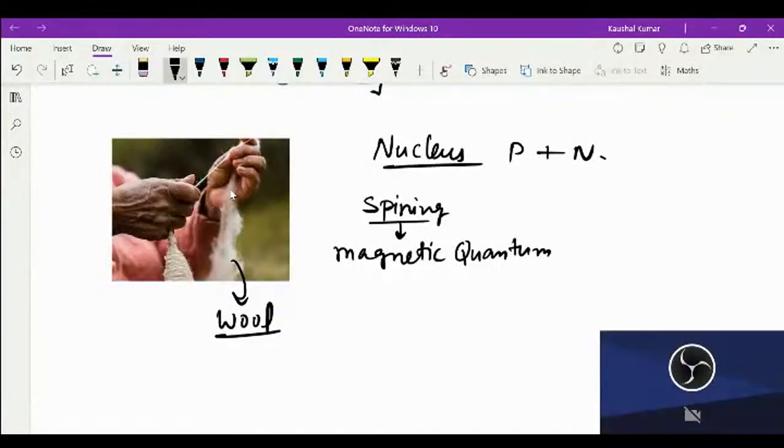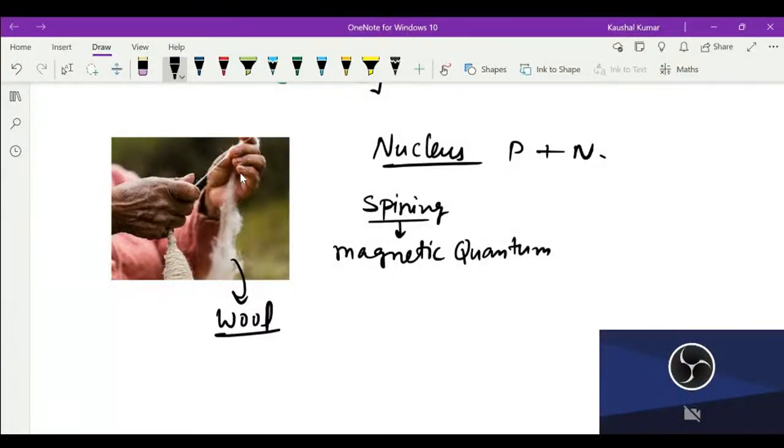You can imagine how they are making the spinning. Spinning will be done by the rotation of an atom on its own axis. This is called spinning. So that will be your mu. In your book, it is written like this, and that is the spinning. Am I clear to you?